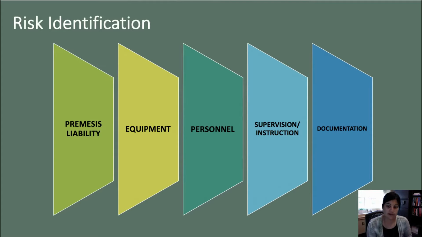Okay, the second one having to do with personnel relates more to the actual supervision and instruction that's provided by your staff. Often this is going to fall in that lower category of employees, right? These entry-level folks are your front line. These are the people working with clients, members, and patrons on a regular basis.